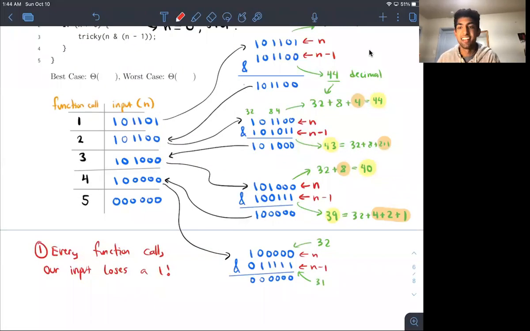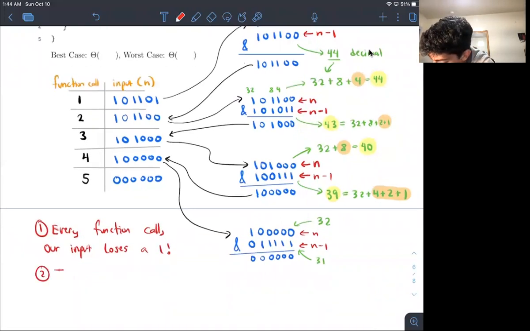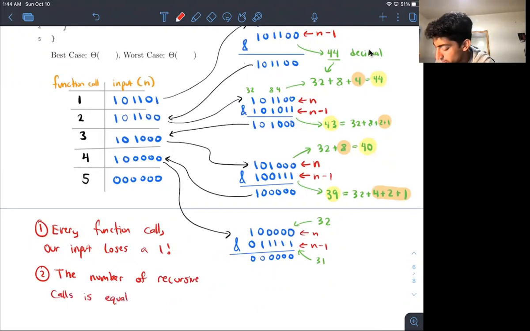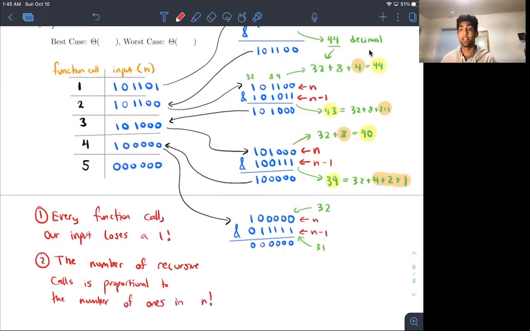Okay, so the next observation we can make here is that the number of recursive calls is equal, or let's say proportional, to the number of ones in n, right?